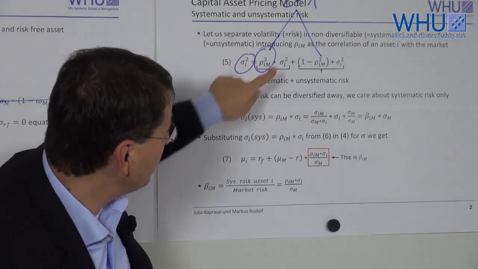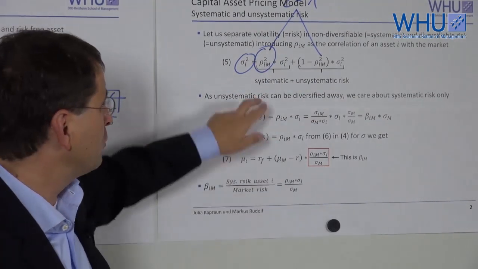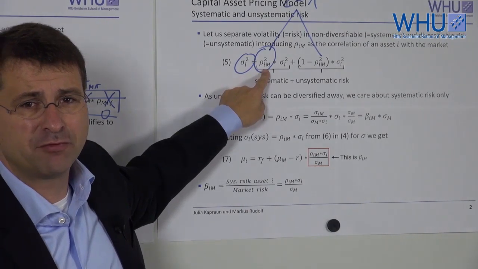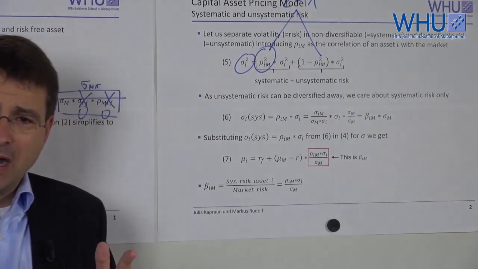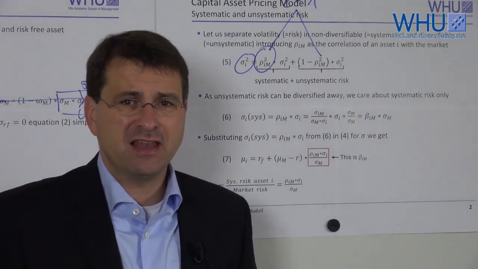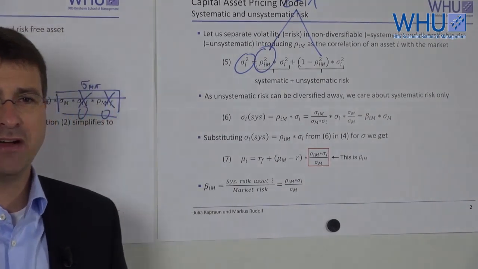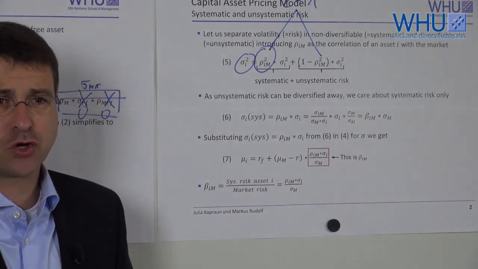Now, what is important is the interpretation of the rho squared. The rho squared is the squared correlation coefficient between asset I and the portfolio M. Now, if you are a little bit familiar with regression analysis, then you know that within the concept of regression analysis, we have a quality measure which we are typically calculating called R squared.